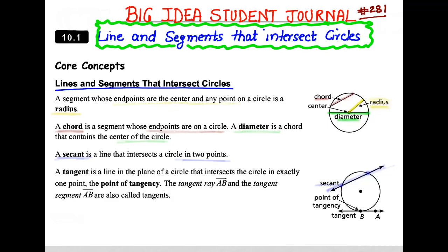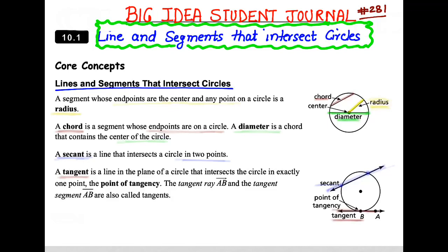So that's your secant. And then another definition is about tangent. A tangent is a line in the plane of the circle that intersects the circle in exactly 1 point. So you can say the tangent touches the circle at just 1 point.